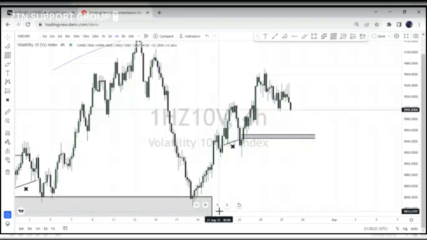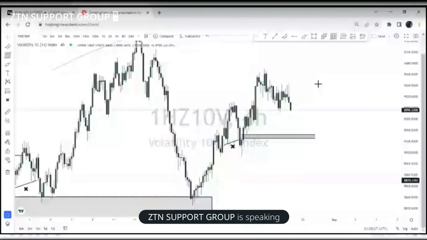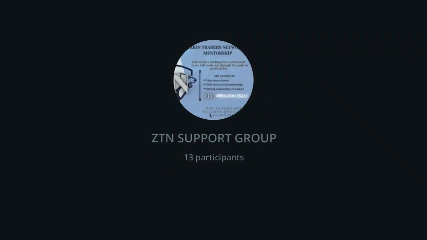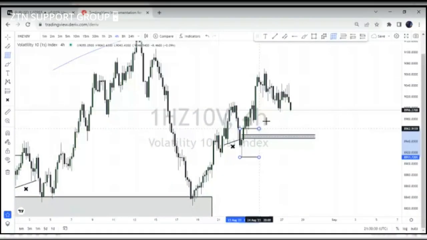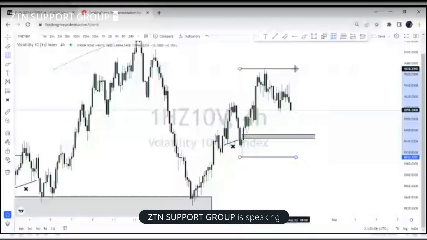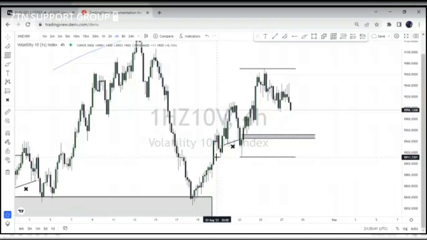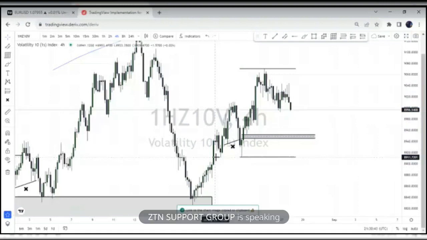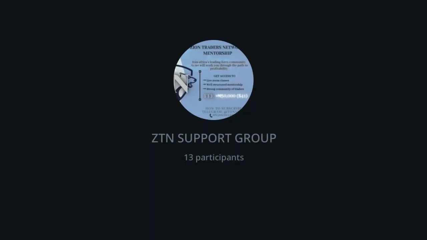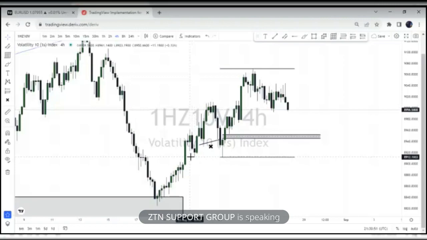Let me mark it up clearly. And again, I think I'm seeing something. Yeah, equal lows. These lows are equal. So if I want to see that evidence, they can decide to sweep these equal lows.